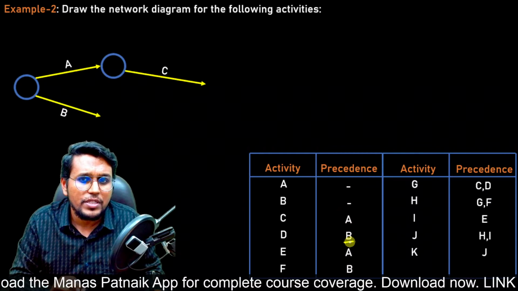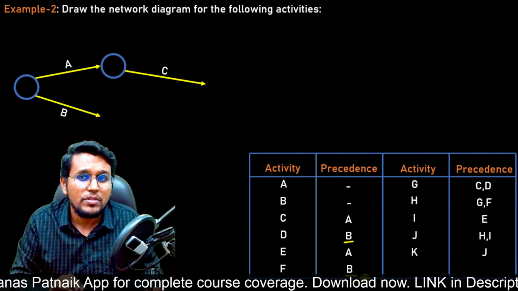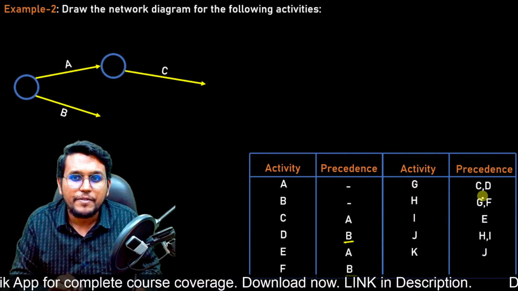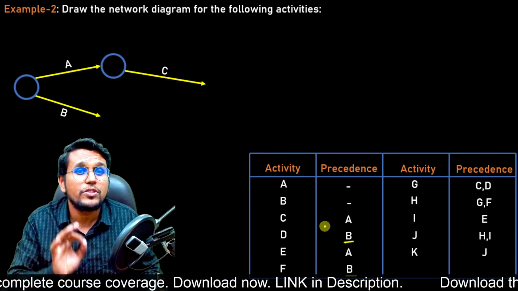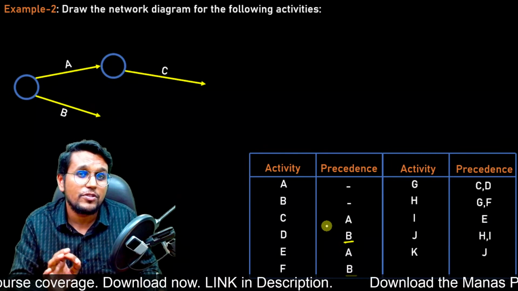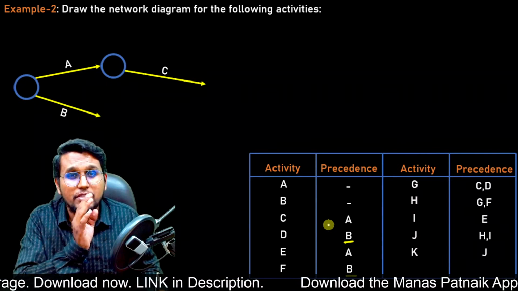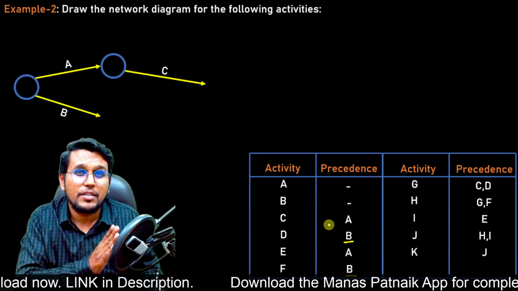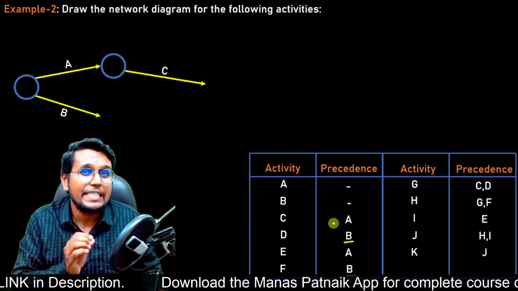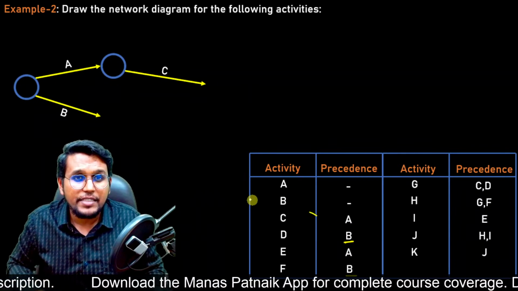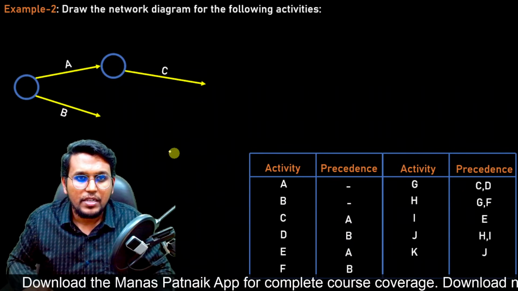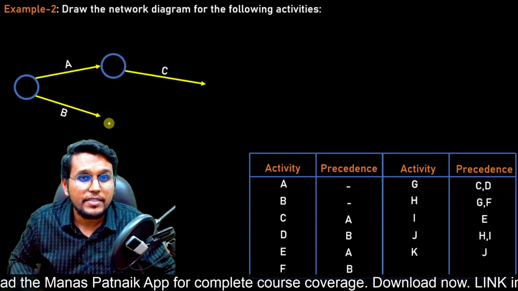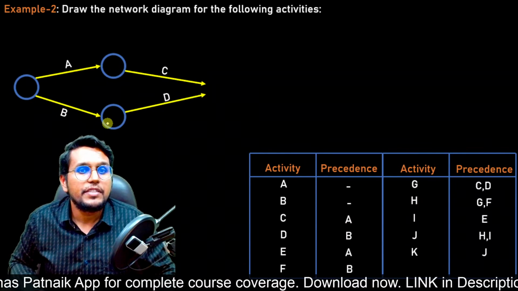B is alone here, again B is alone, and there is no B here. That means B is alone and is not used in combination with any other node. So let us end event B and start event D.